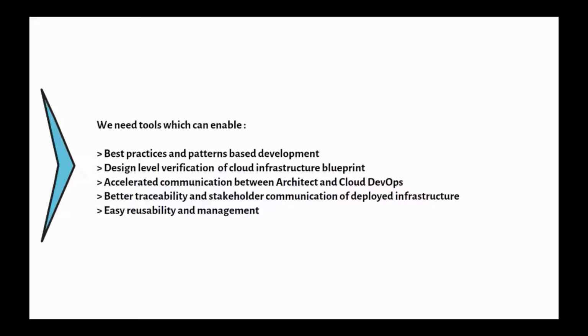There should be avenues for accelerated communication between the architects and the cloud DevOps, right? If there is a change that is required in the infrastructure, the cloud DevOps should not be able to unilaterally make this change, but it needs to get communicated back to the architect, so that the design and the infrastructure are in sync.